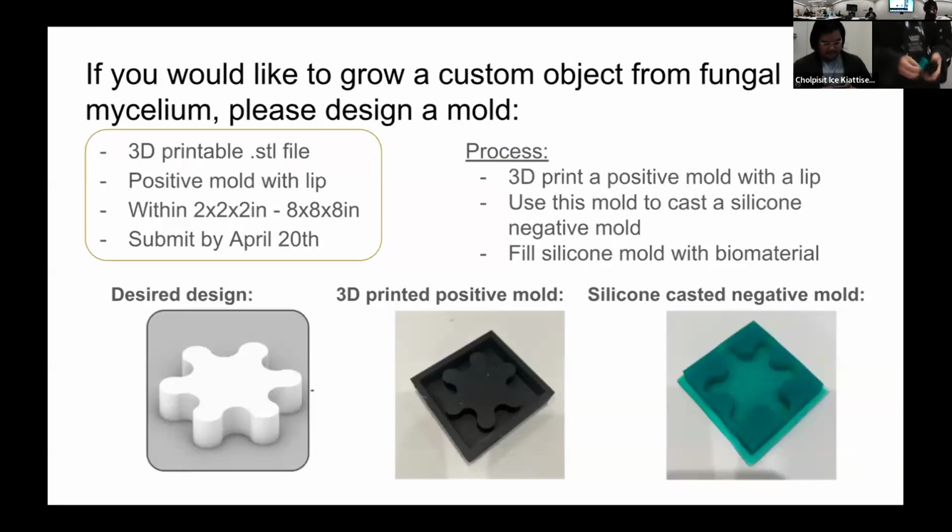If you have a design that you're interested in, say like this component right here, and you're proficient at 3D design in whatever software you're interested in, your goal is to make a positive mold that is that shape, but it has a lip so that we can fill this mold with liquid silicone to create the negative version of that shape, right? Does that make sense? I see some nods. Okay, cool. So you would make that shape with a lip so that we can fill it with silicone, and that gives you a negative version of the mold, which is what you would pack with the fungal material. Any questions about that?